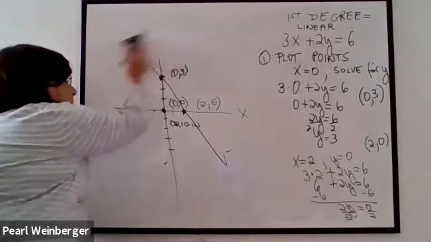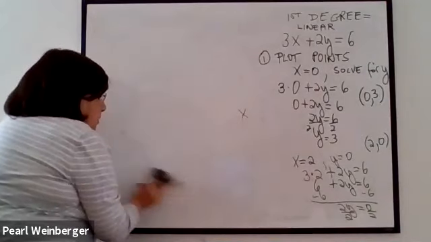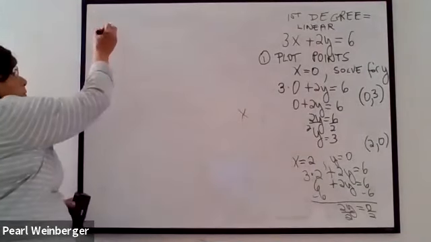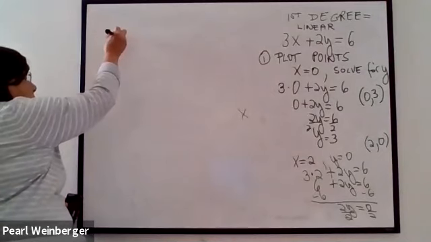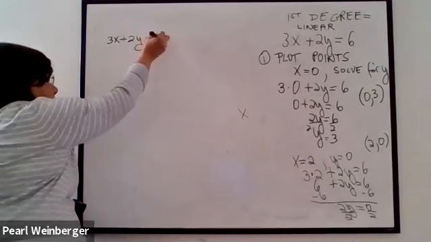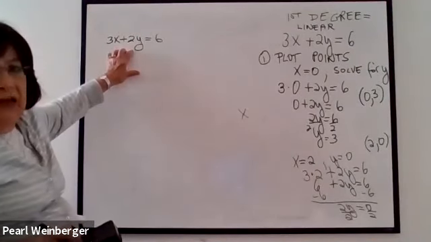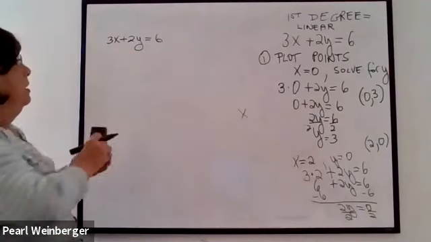Okay, I'm erasing this, and I'm starting with the exact same equation: 3x plus 2y equals 6. Now, this is a linear equation. It's called the standard format of the equation.